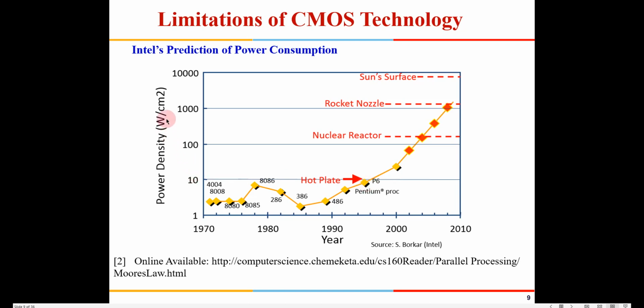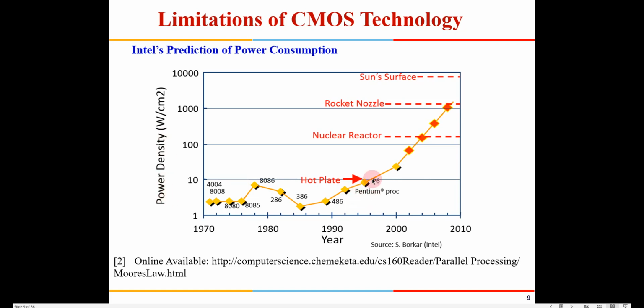The power density of the hot plate will be 1000 watts over an area of 10 into 10, so it will have around 10 watt per square centimeter. So you can imagine the Pentium would be as hot as a hot plate.